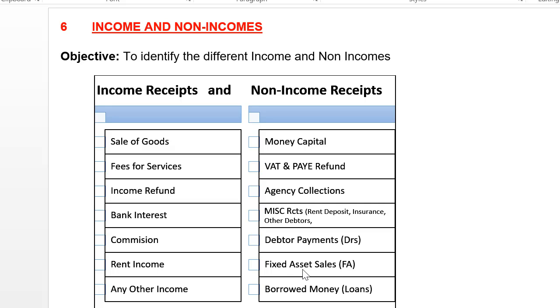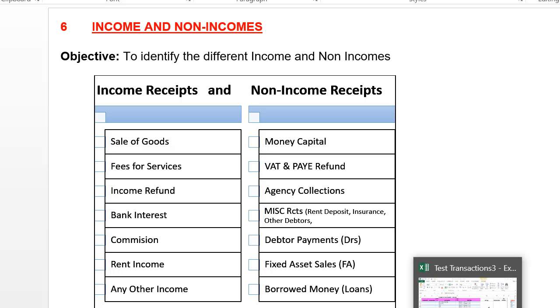So this one is also tricky. And then finally, we've got borrowed money in form of loans and overdrafts. So when money is borrowed, the income of the business does not go up. That is a debt to either a bank or the lender. It is also not income. Those are the broad classifications.